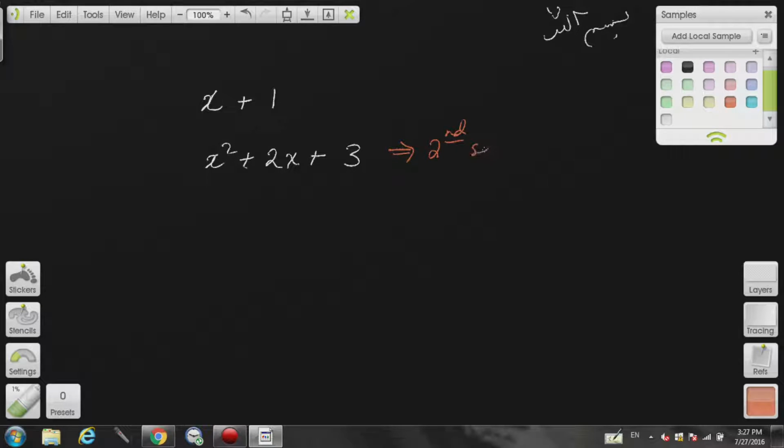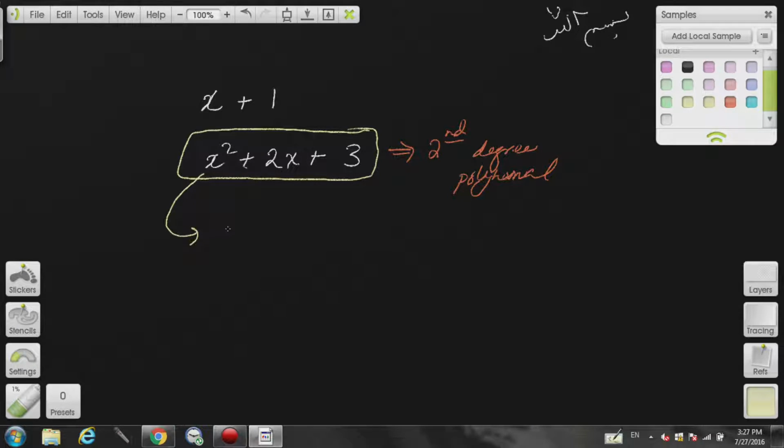This is a second degree polynomial. Okay? Now, second degree polynomials are special. These are called quadratics. They're given a special name, quadratic. Okay?